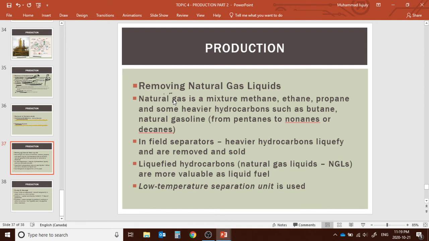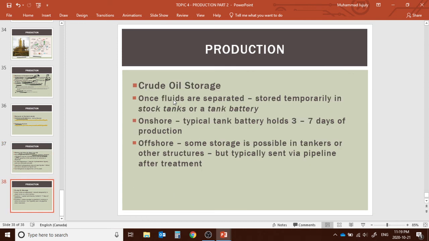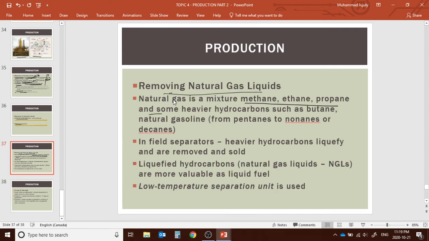Natural gas liquids. Natural gas is a mixture of, as I told you before, C1 to C4, and sometimes heavier components can also be present. Now we have to use a field separator to separate the natural gas liquids.